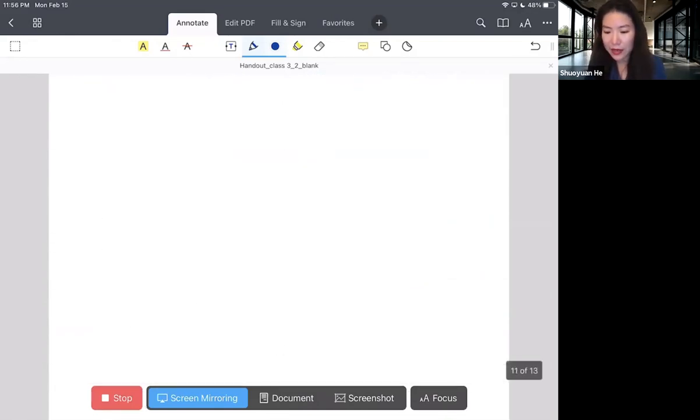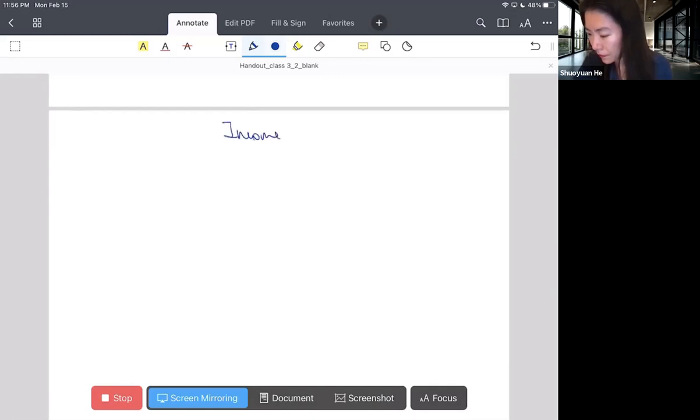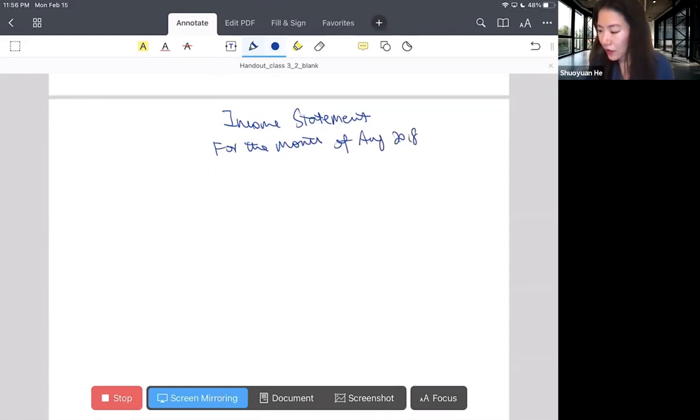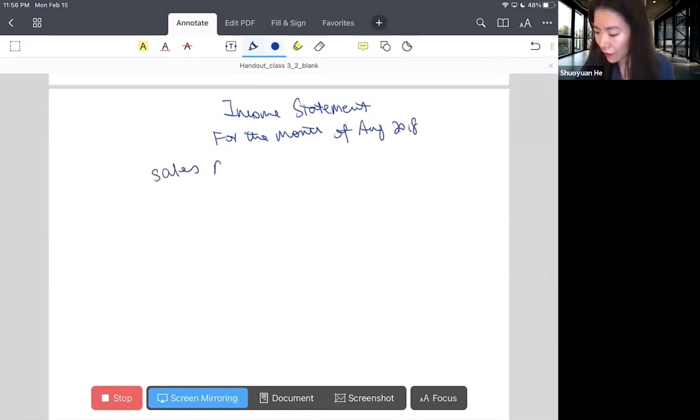So regarding the income statement, for the month of August 2018, sales revenue 40,000, cost of goods sold 22,000.